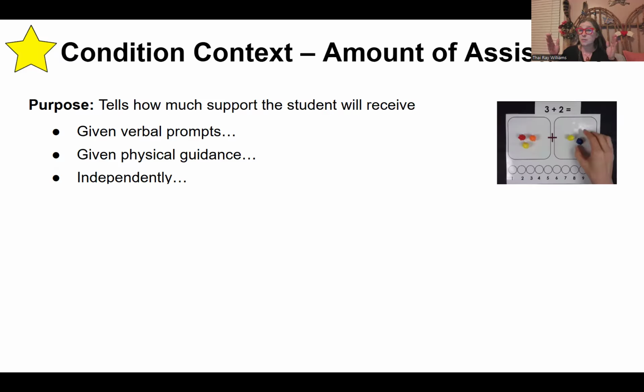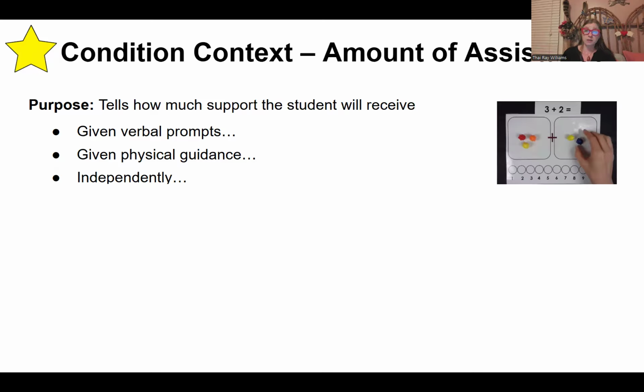And we don't anticipate they're going to demonstrate it independently within the life of the IEP, for example. So this could be an IEP goal. What we want them to do, or an objective, it could be that we want them over the year to be able to learn it, to do it independently. But right now, for the objective, we first want them to start with support, and we're going to slowly fade that support out.